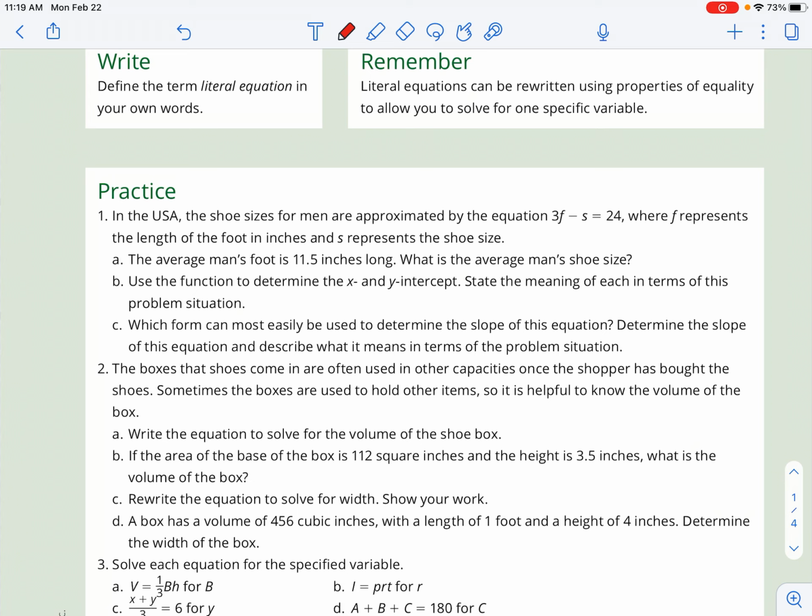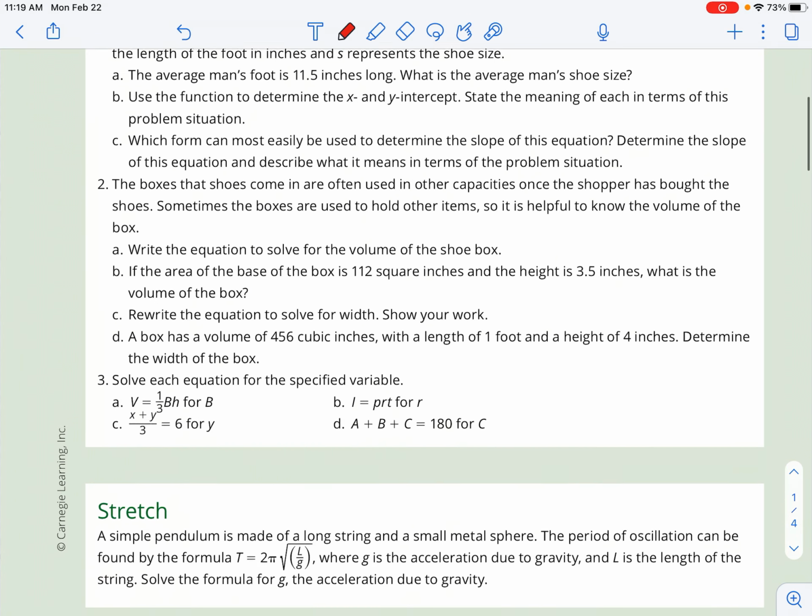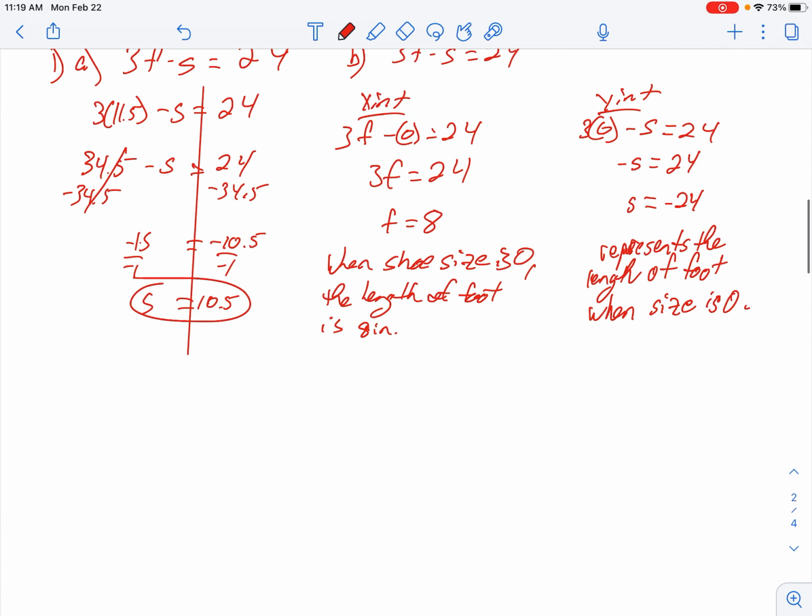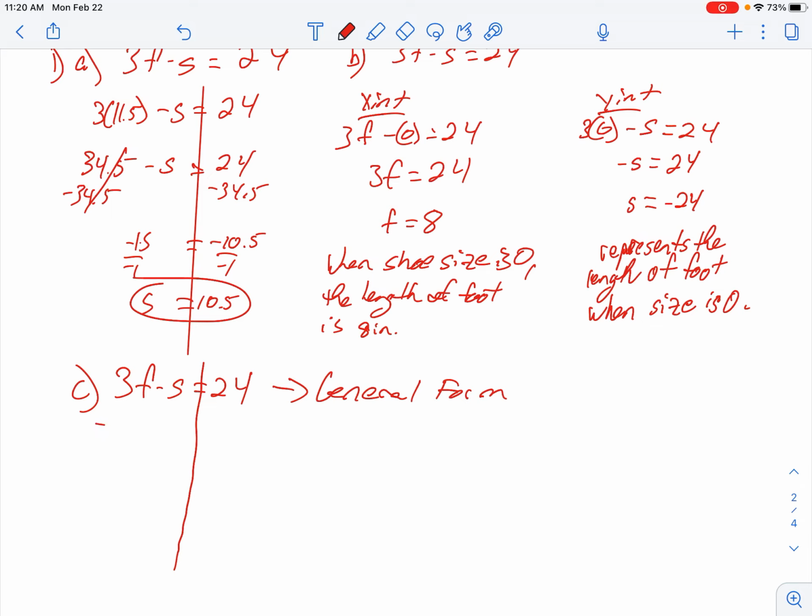All right, part C. Which form can most easily be used to determine the slope of this equation and determine it? Well, it's in standard form, and standard form is not very pretty for us getting the slope. So let's rearrange this into general form. So to do that, we're going to get S by itself, subtract that 3F from both sides.